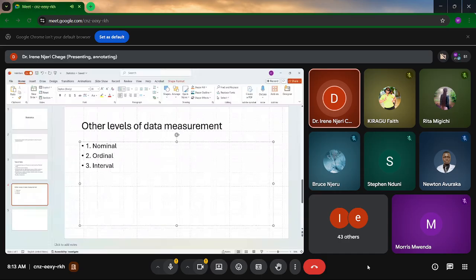It deals with collecting your data, analyzing your data, interpreting your data, and how you will then present your data.